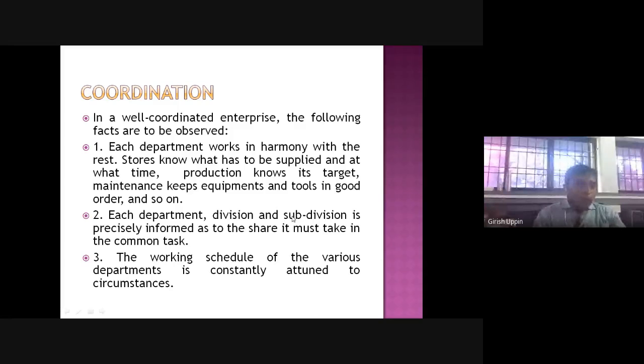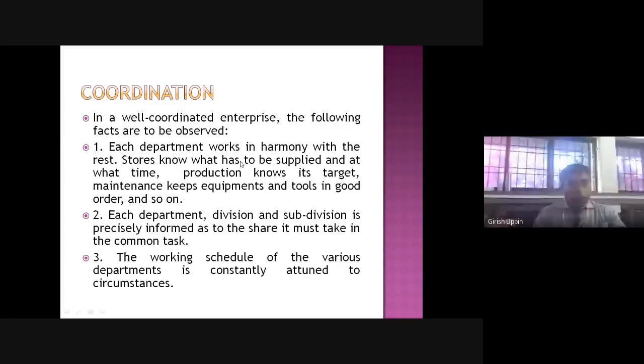In a well coordinated enterprise, the following facts are to be observed. If an organization is well coordinated, these things we will observe. Each department works in harmony with the rest. Stores know what has to be supplied and at what time. Production knows its target.